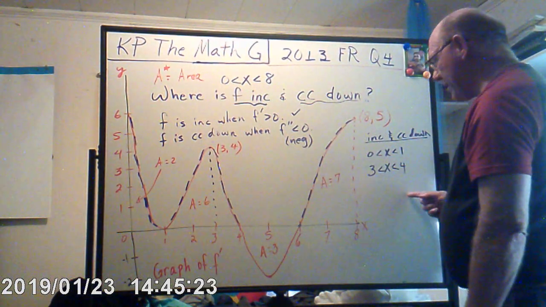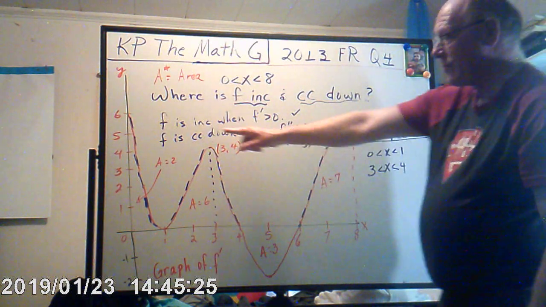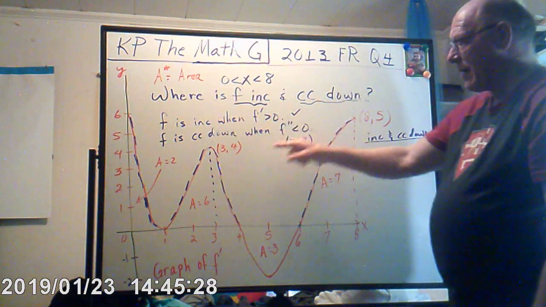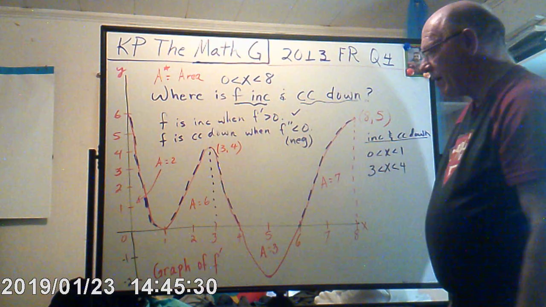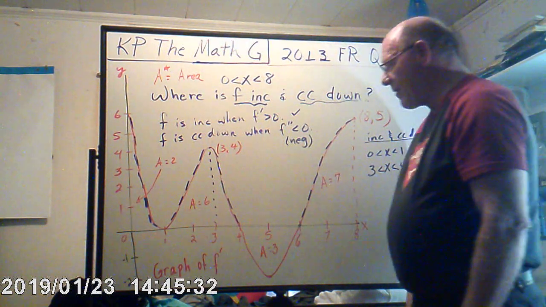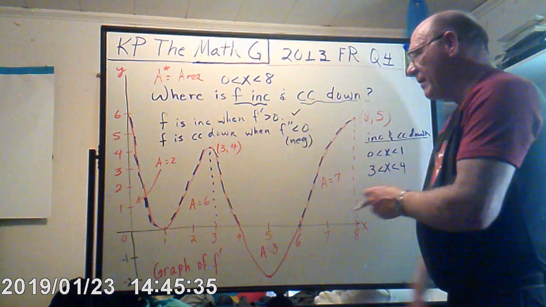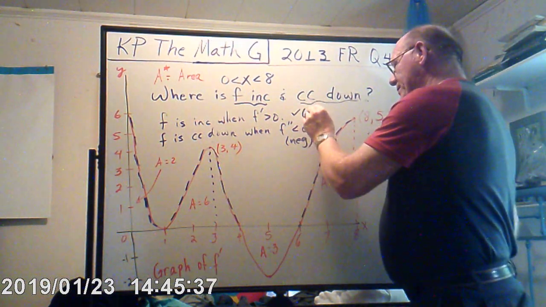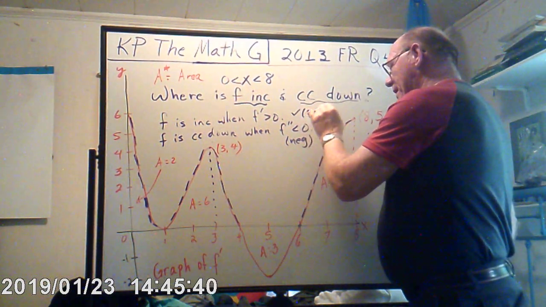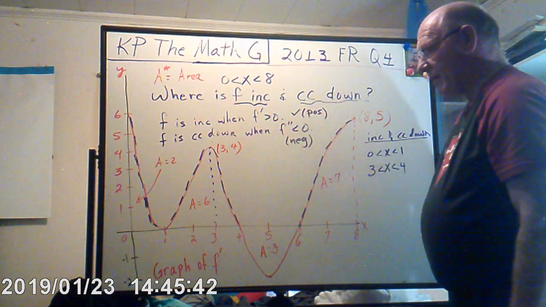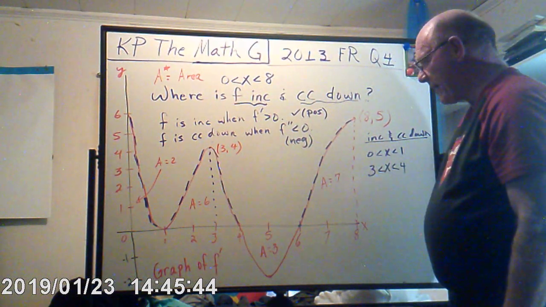And you might want to give a reason. And I believe right here, f prime is greater than 0. Concave down when f double prime is less than 0. This is positive, above the x-axis.